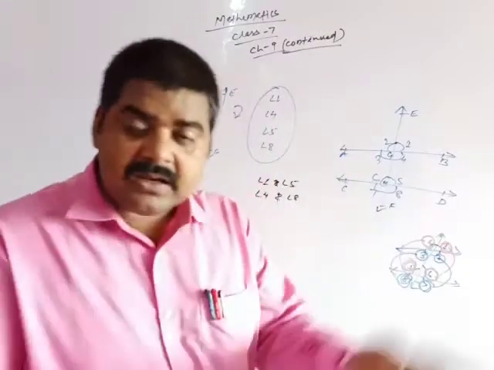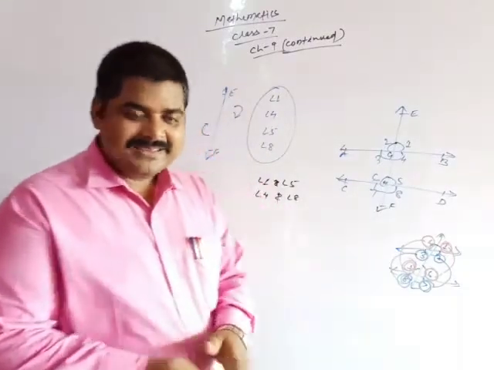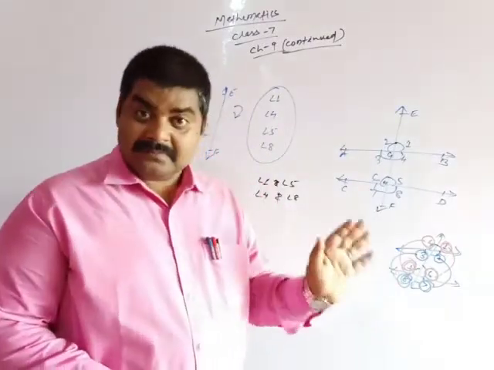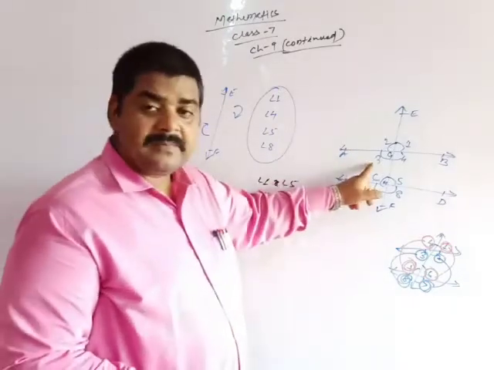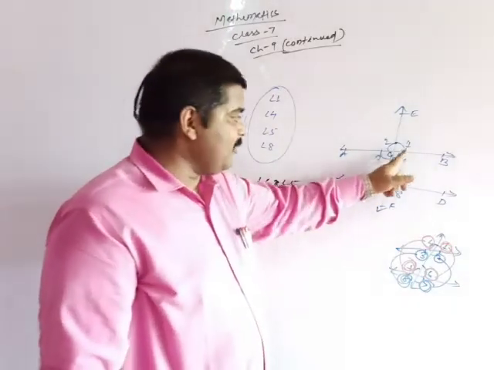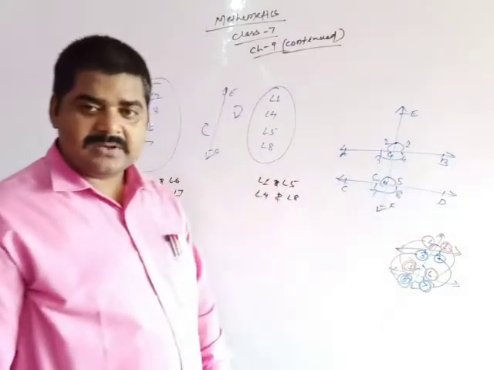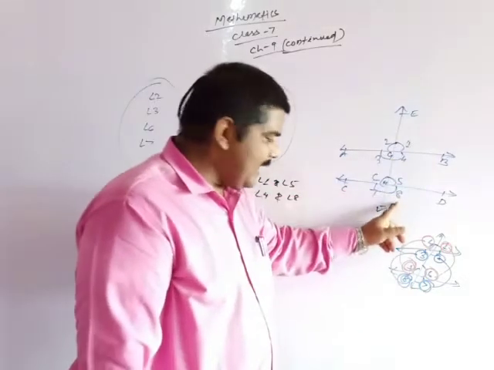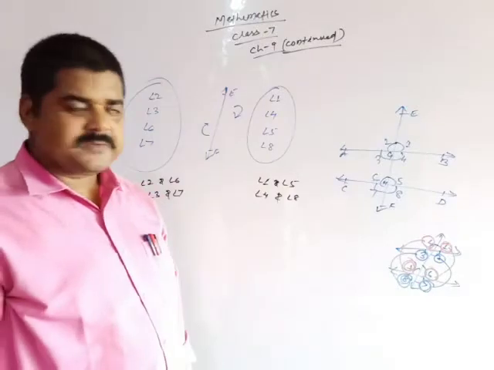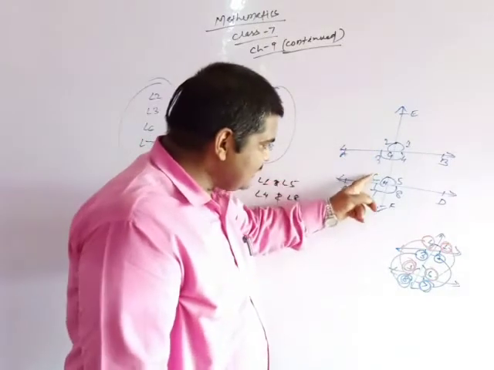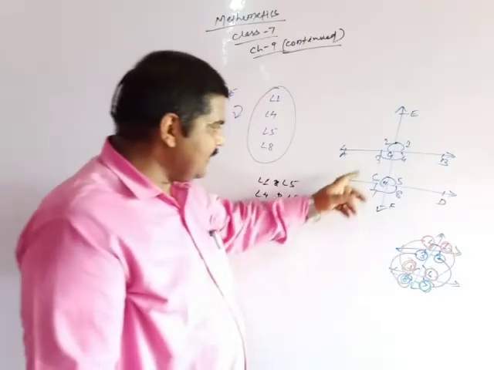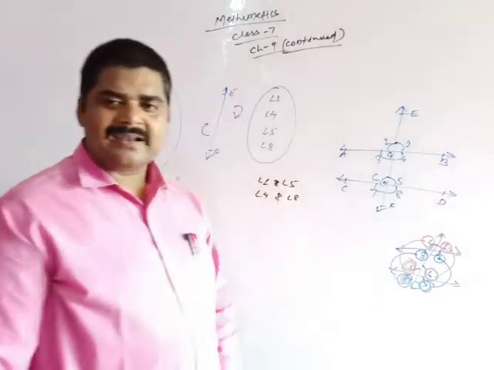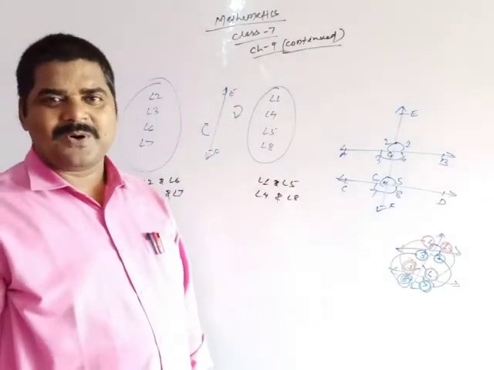If you change the name, then the pairs may be different. But if you name like this, then 1 and 5 are corresponding angles, 4 and 8 are a pair of corresponding angles, 2 and 6 are another pair, and 3 and 7 are a pair of corresponding angles, my dear.